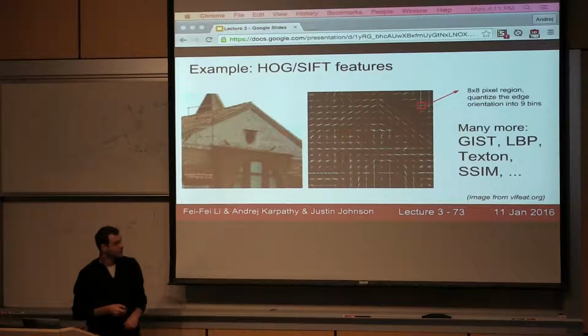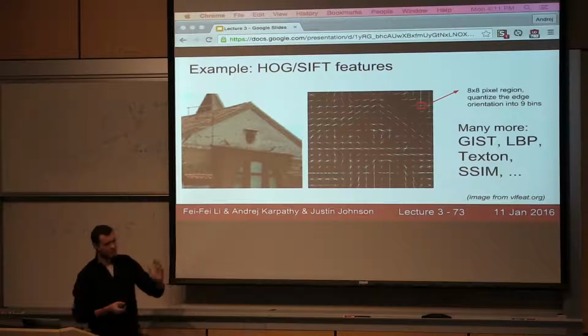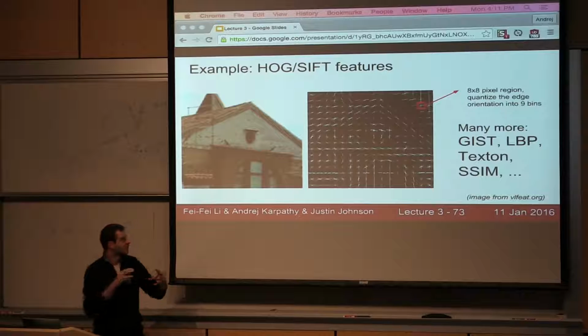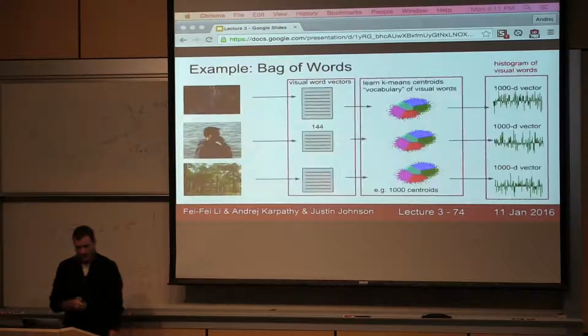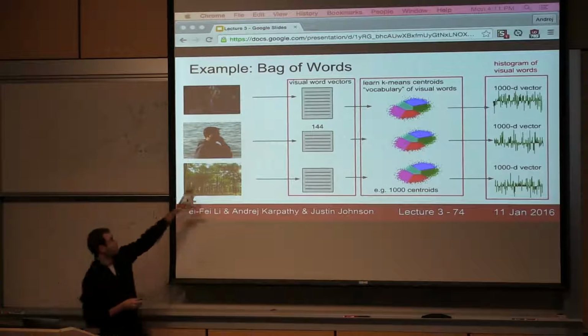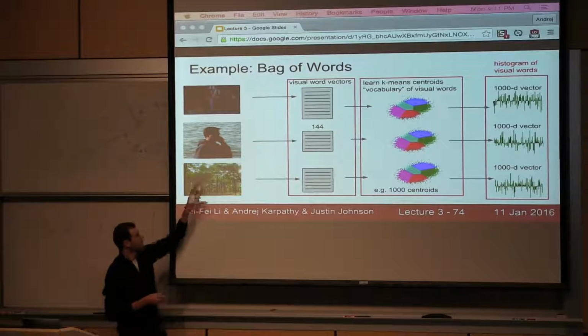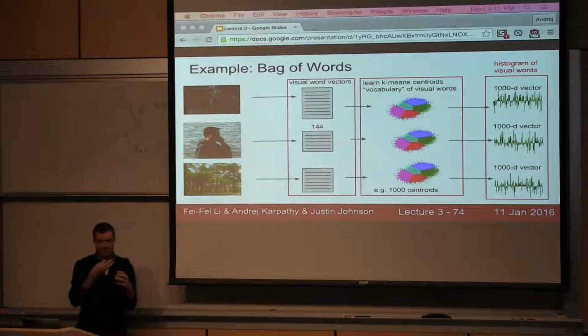There were lots of different feature types proposed over the years, like LBP and texton, lots of different ways of measuring what kinds of things are in the image, and statistics of them. Then we had these pipelines called bag of words pipelines, where you look at different points in your image and describe a little local patch with some scheme you come up with, like looking at the frequencies or the colors.